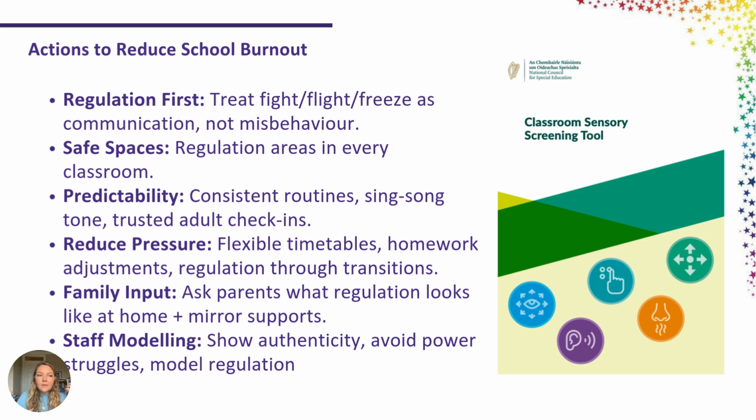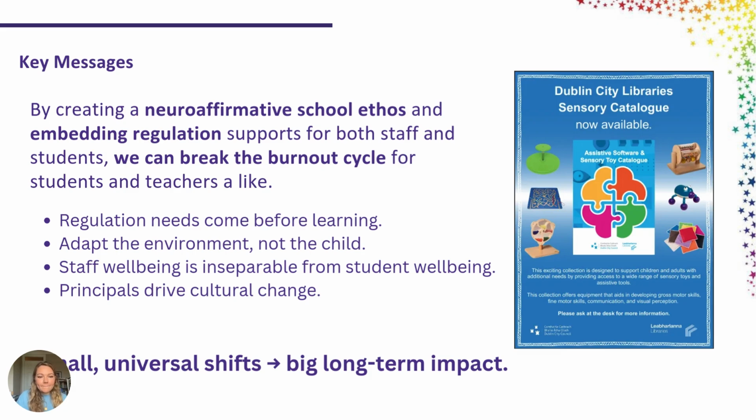So we heard from Siobhan and Jane about how they model these strategies in the classroom. They use the fidgets themselves, they're on the peanut ball themselves. So we're showing that everyone regulates their nervous system and that we can all do it together. So the key message is, by creating a neuroaffirmative school ethos and embedding regulation supports for both staff and students, we can break the burnout cycle for students and teachers alike.